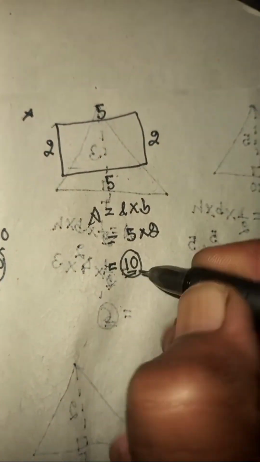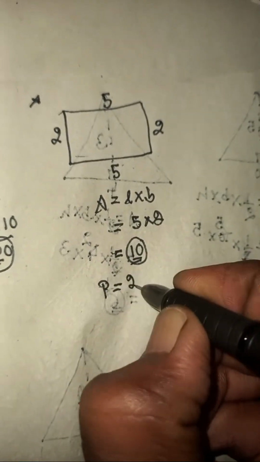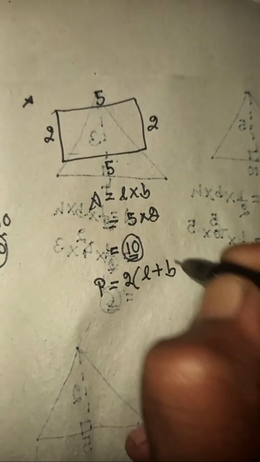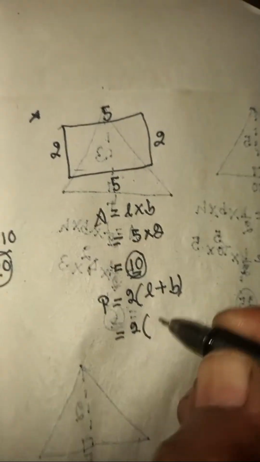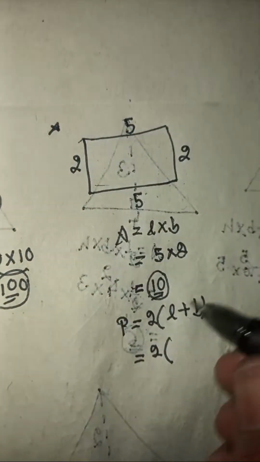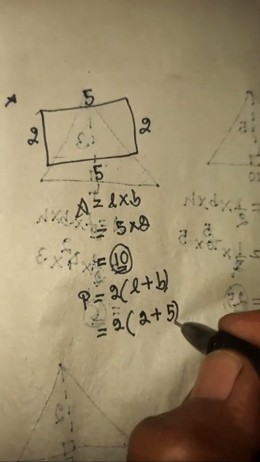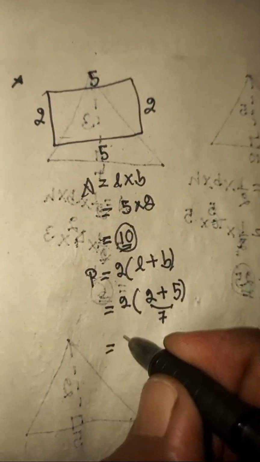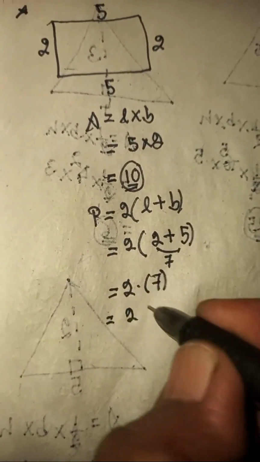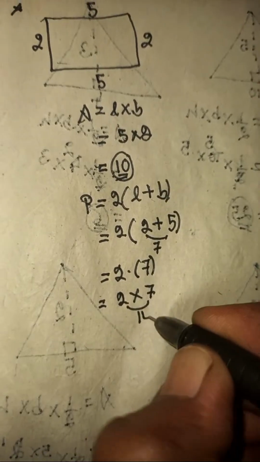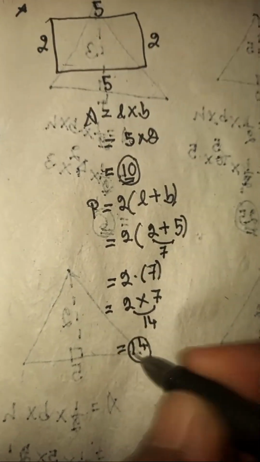It becomes 10 square units, and perimeter is 2 times length plus breadth. That is going to become 2 times length, which is 2 units, plus breadth, which is 5 units. 2 plus 5 is 7. It is 2 times 7, which is 14 units.